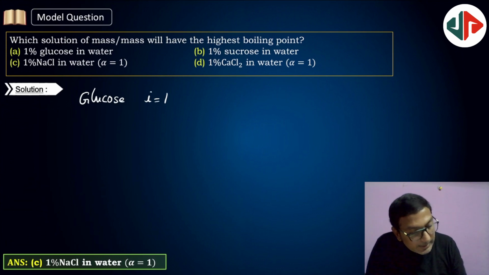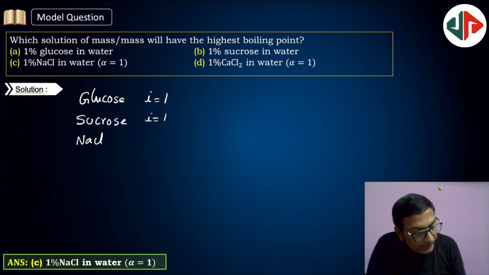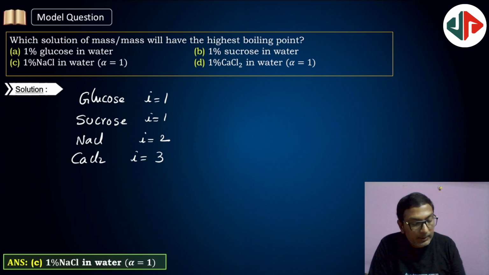Next sucrose, i value 1. Next NaCl, i value 2. CaCl2, i value 3. So boiling point highest.